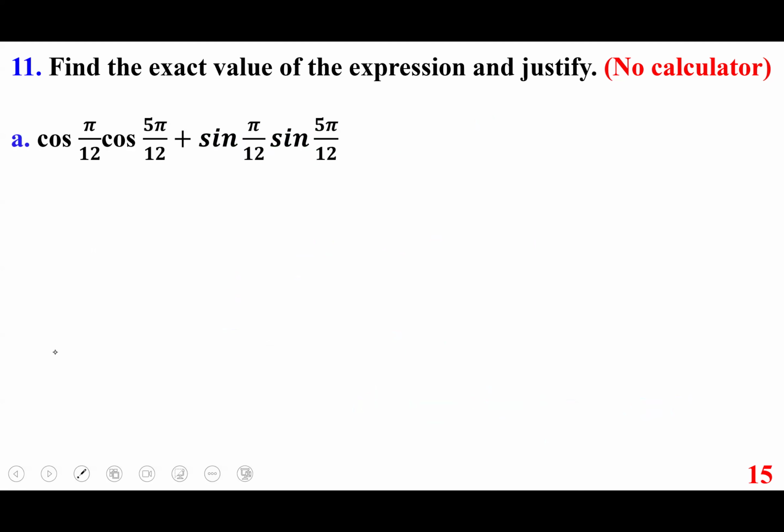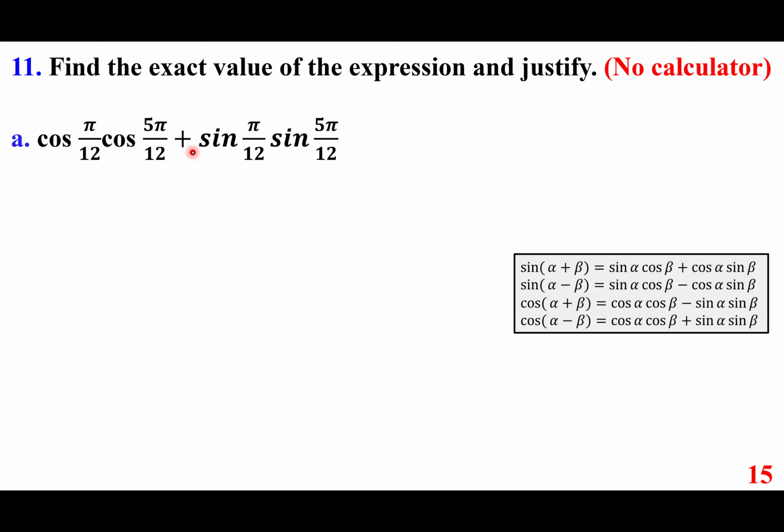Cosine of pi over 12, cosine of 5 pi over 12 plus sine of pi over 12, sine of 5 pi over 12. What is that? Well, if you look at the sum formulas, this is cosine of alpha minus beta, which says cosine alpha cosine beta plus sine alpha sine beta. So this is cosine of pi over 12 minus 5 pi over 12.